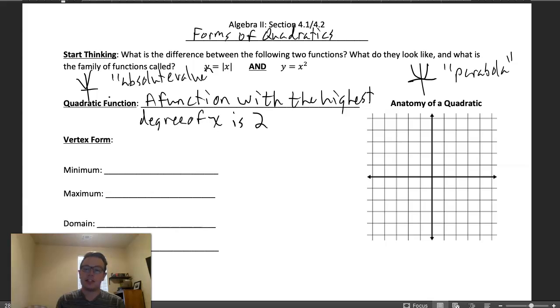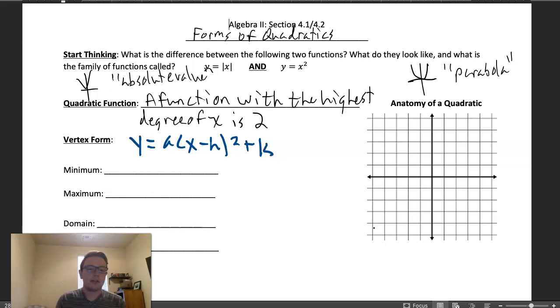The vertex form for this looks like this: y is equal to a times (x minus h) squared plus k. If this looks a little familiar, it's because it looks very similar to the function transformations we've done before. Vertex form is y is equal to a times (x minus h) squared plus k.